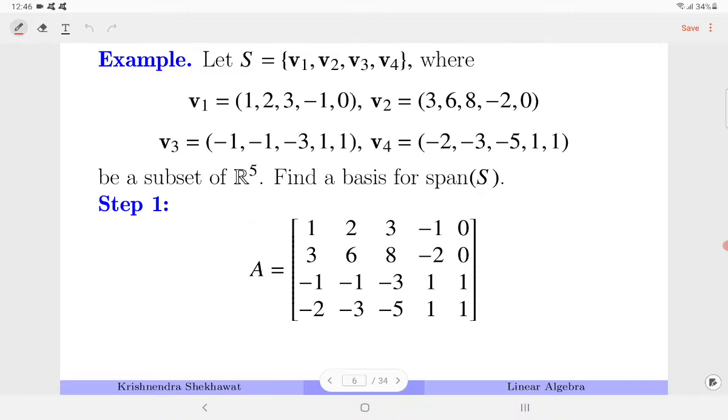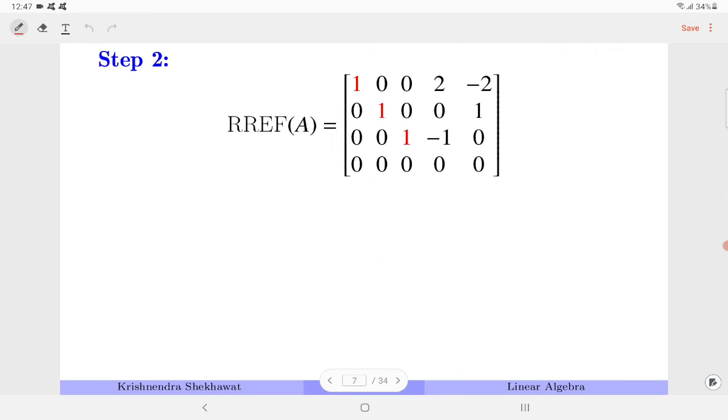So if you write them as rows, 4 rows are there, R1, R2, R3, R4. Next step is to compute its REF. REF is sufficient. You may not have to go to RREF. If you compute RREF or REF, you can see that there are 3 pivot entries or 3 non-zero rows, which means that the 4th row is not contributing to the basis.